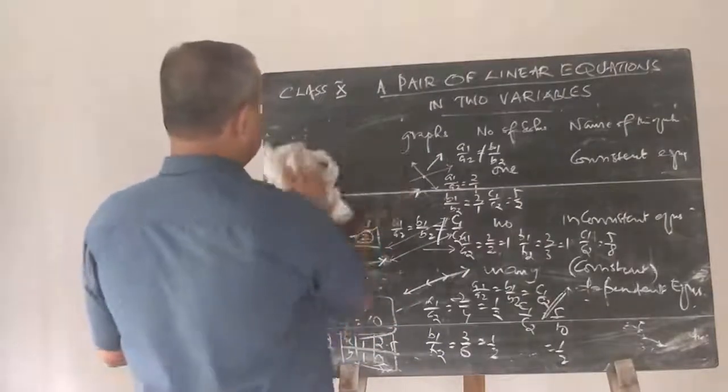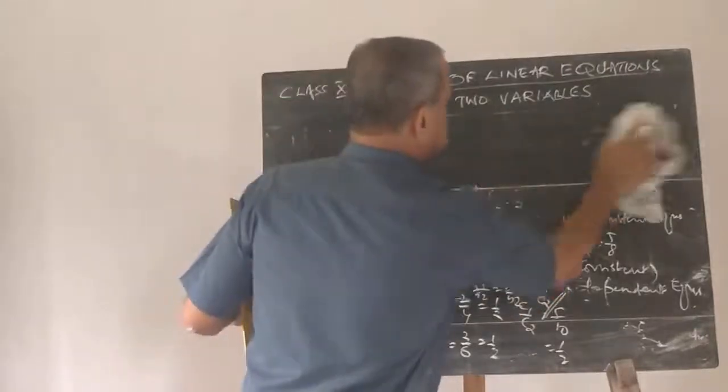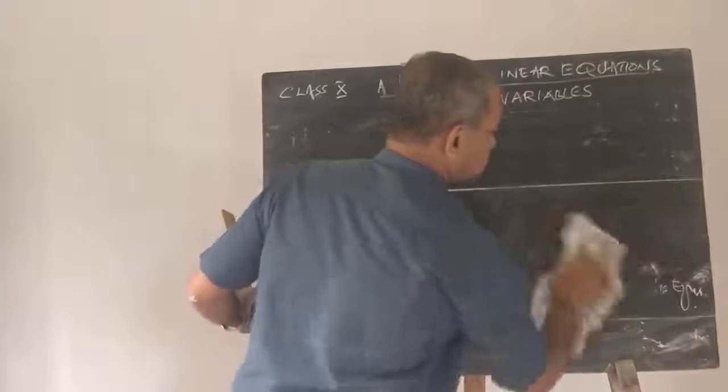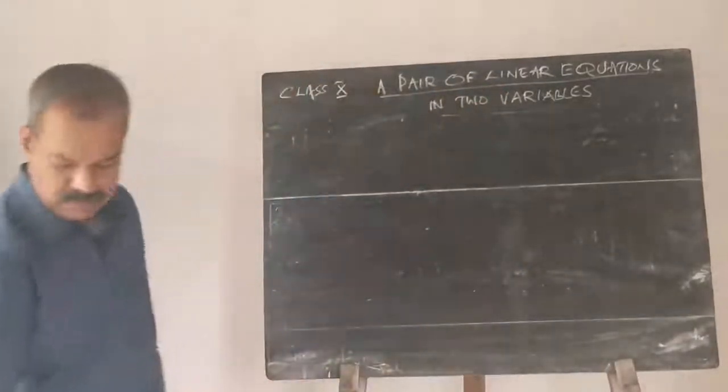Now we can rewrite this once again, according to the property.